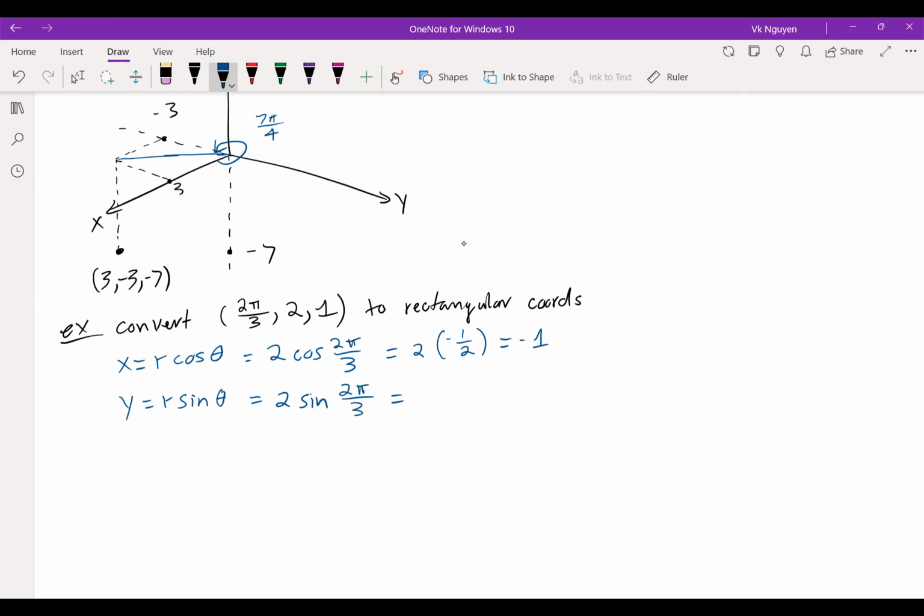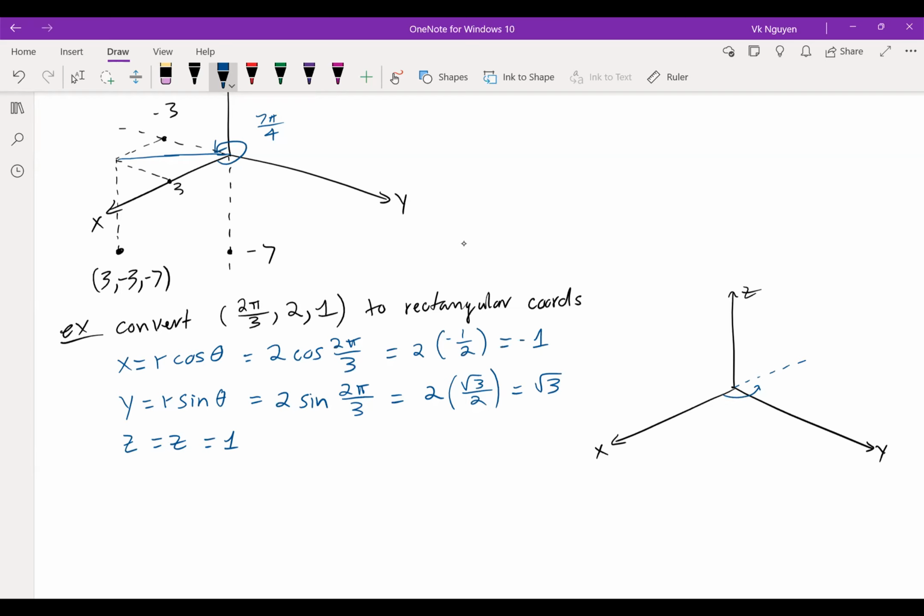So that would be 2 times √3 over 2, which is √3. And then the last one is z. Well, z is z, so that is 1. So 2 pi over 3 is in the second quadrant.